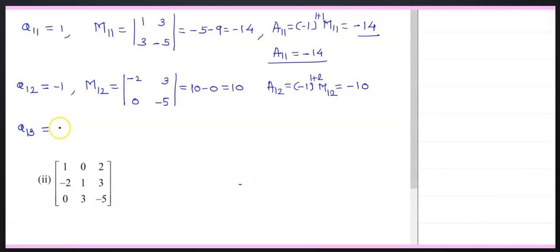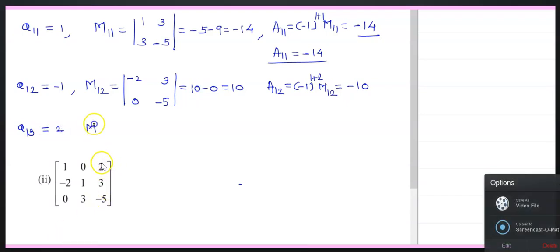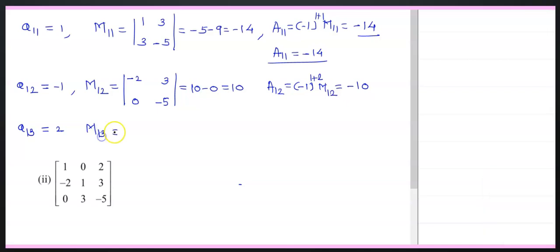Now the next, A13. Again for A13 the element is 2 here. Therefore look at this in the downward direction and horizontally. It is minus 2, 1, 0 and 3. That is minus 6, 0. Overall it is minus 6.